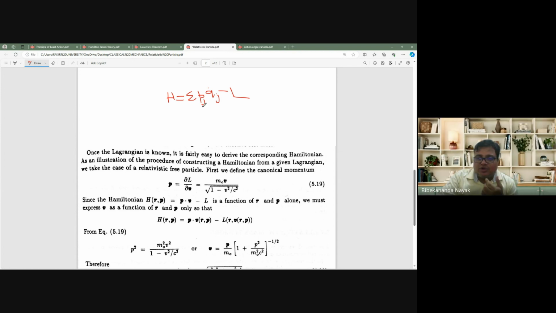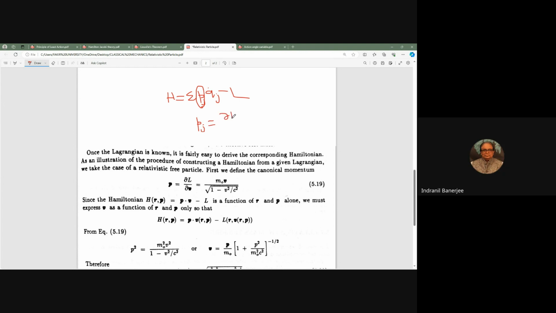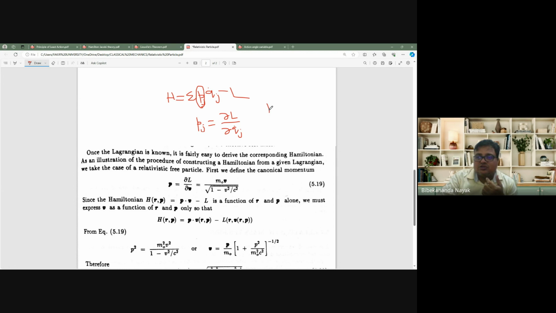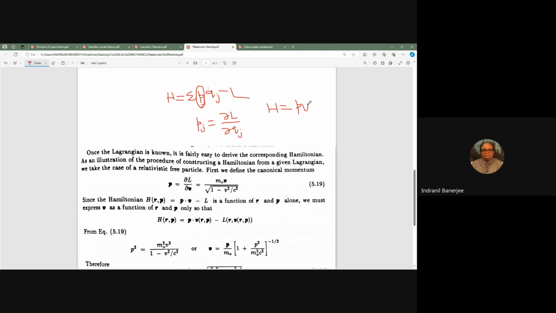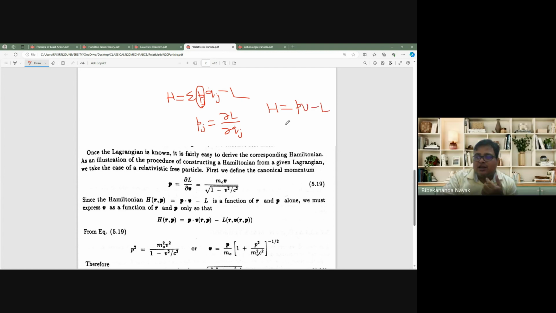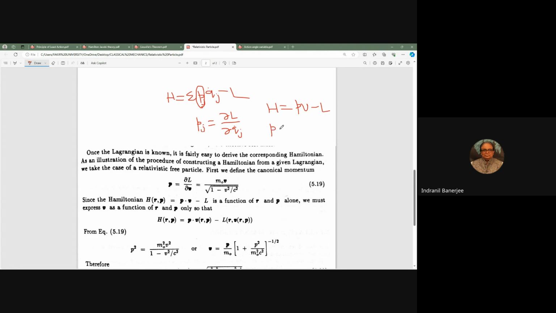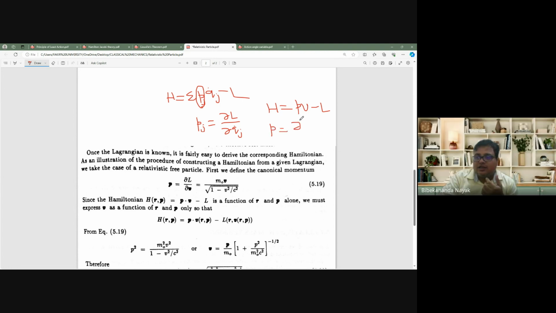This quantity Pj is equal to del L by del Qj dot. Qj dot means velocity. So here for a free particle, the Hamiltonian is P Q dot minus L, where Q dot means velocity V, and P is equal to del L by del V.